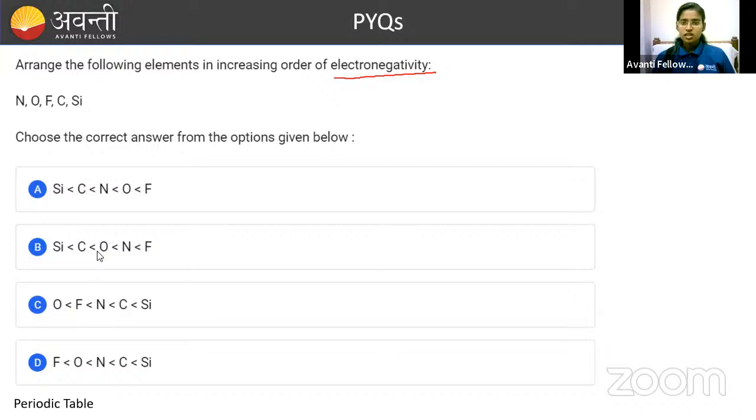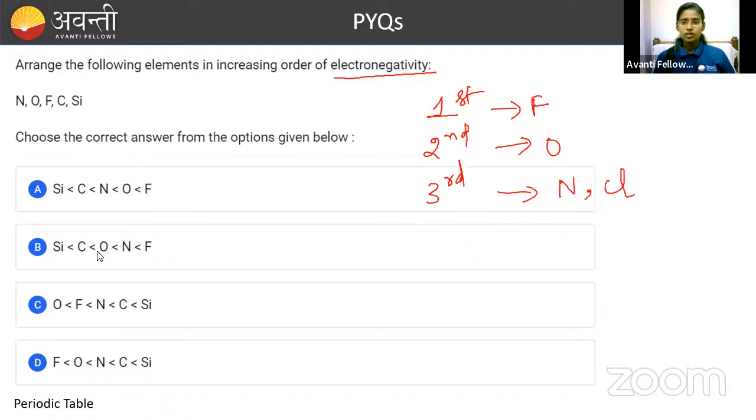Got it? Now, what I told you, the first most electronegative element in the periodic table is fluorine. Who is the second most electronegative element? Second most is oxygen. Who is the third most electronegative element? Nitrogen and chlorine.